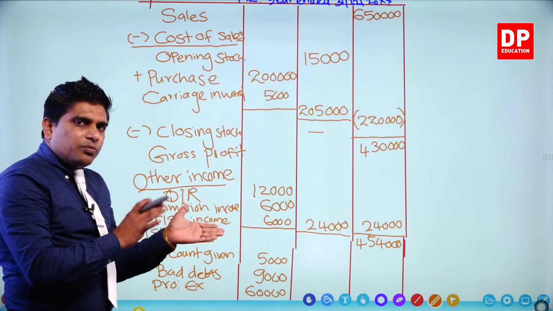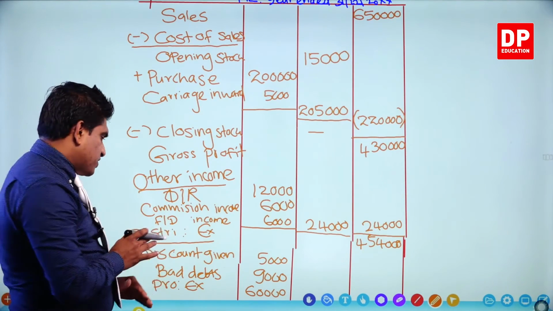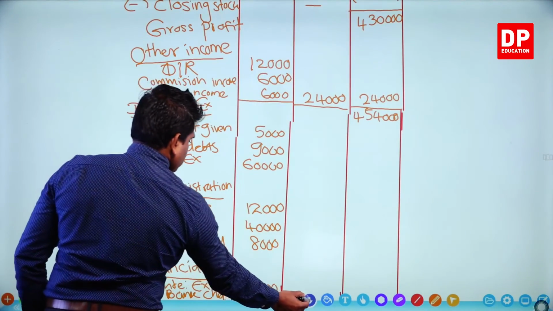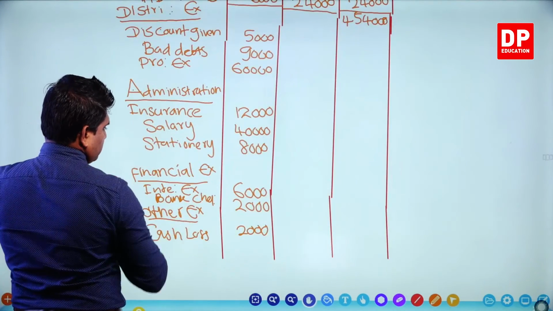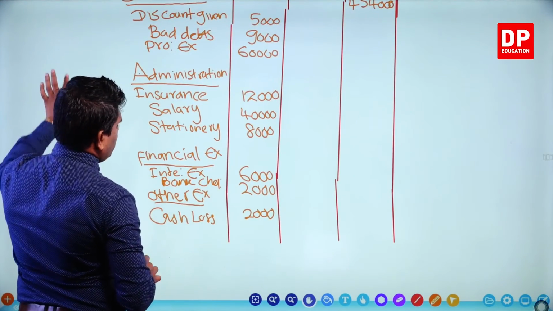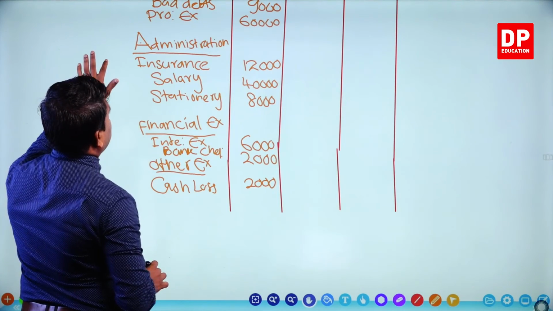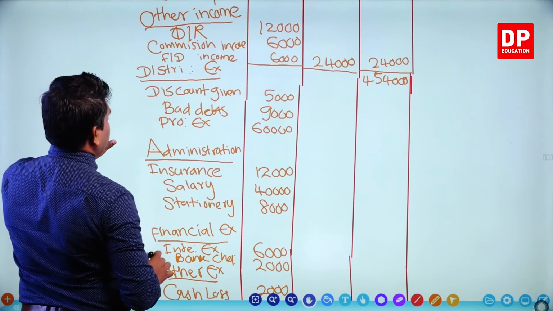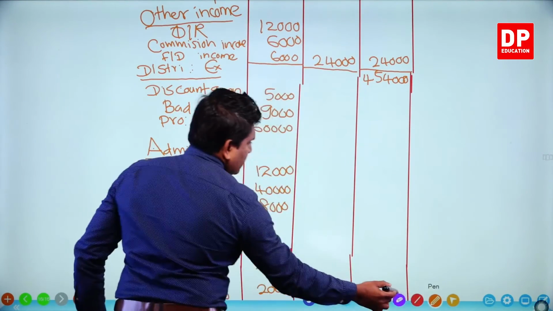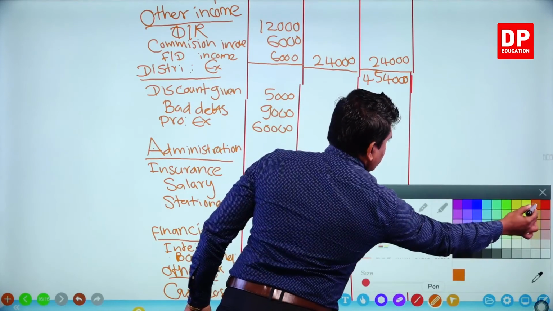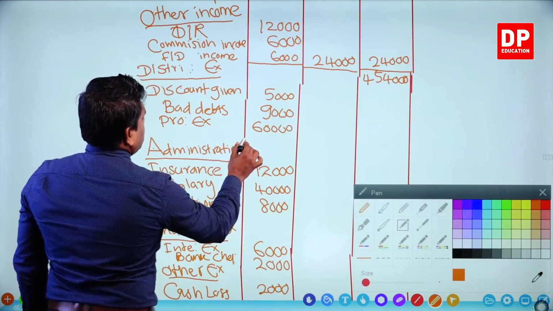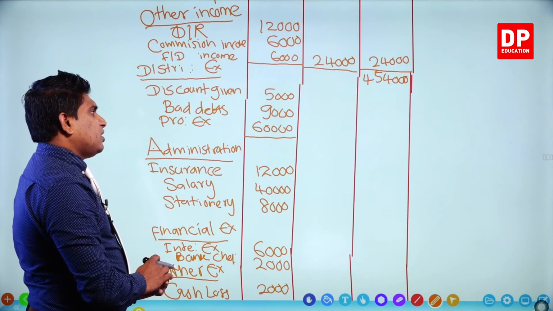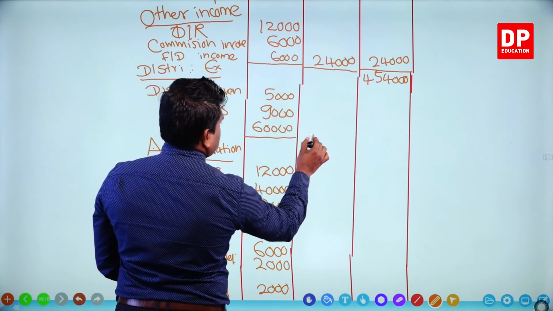Now what you do? One by one you get the total of each expense, right? First you take the distribution expense category. 69,000 plus 5,000, how much? 74,000.